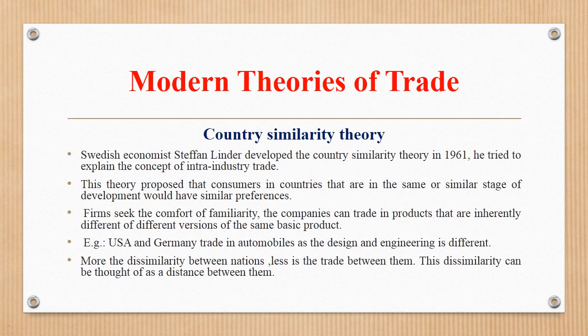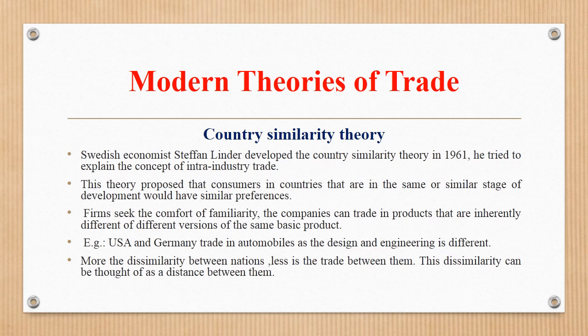Linder suggested that countries that are in a similar phase of development will probably have similar preferences. The suggestion proposed by Linder was that companies first produce goods for their domestic consumption and later expand production, thereby exporting those products to other countries where customers have similar preferences.